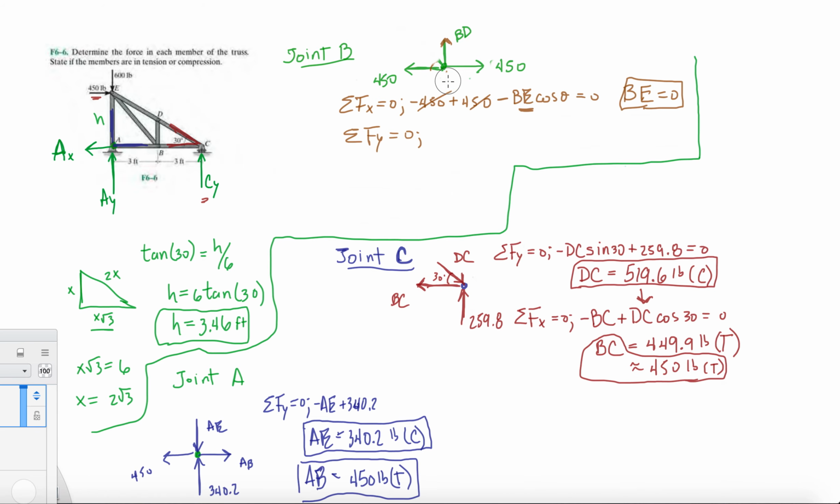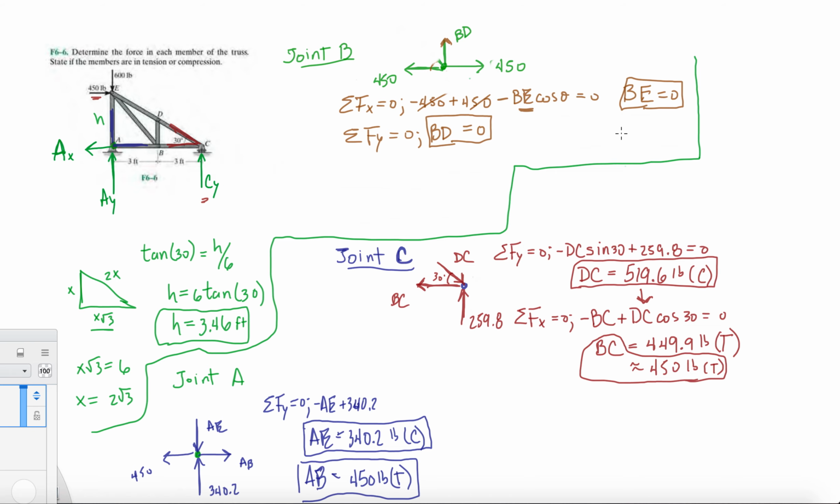So right away it's going to say BD equals 0. And again, if you do the zero force member analysis, you'll know that those two are just contributing to the structure, not so much the structural integrity of the truss itself, but not really carrying any load.